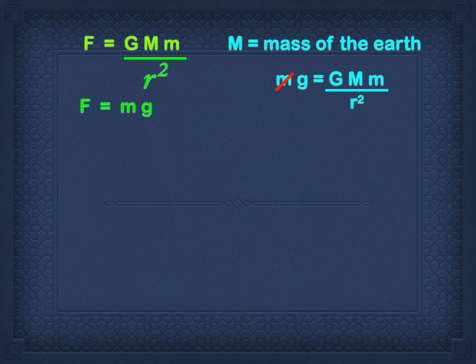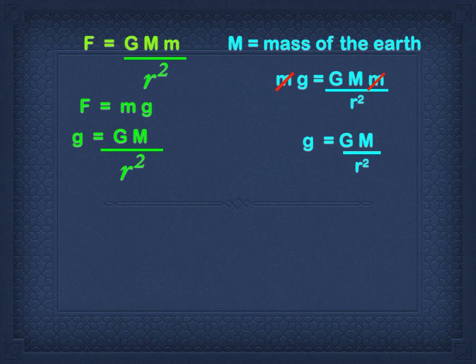As a result, we cancel m on both sides and the value which we get is g equal to G M upon r square. Now this value we write on the left hand side, that is g equal to G M upon r square.